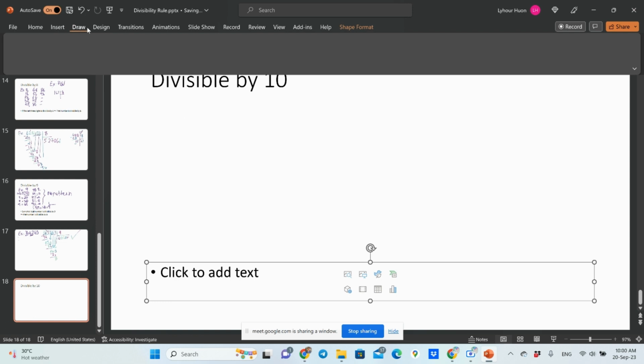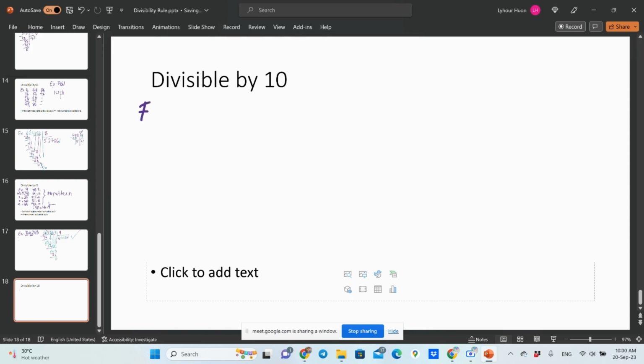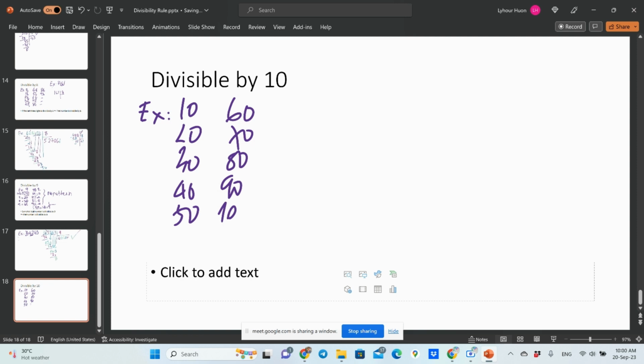What numbers are divisible by 10? They always end with zero. So the numbers will be 10, 20, 30, 40, 50, 60, 70, 80, 90, 100. All these numbers are divisible by 10, right?